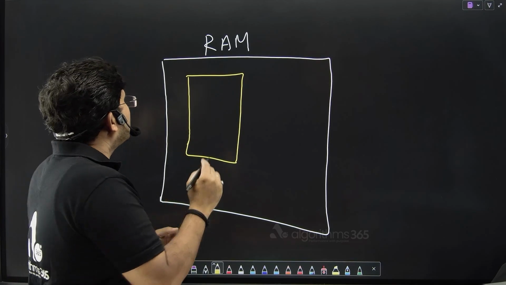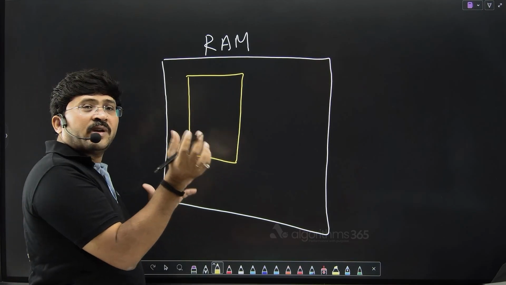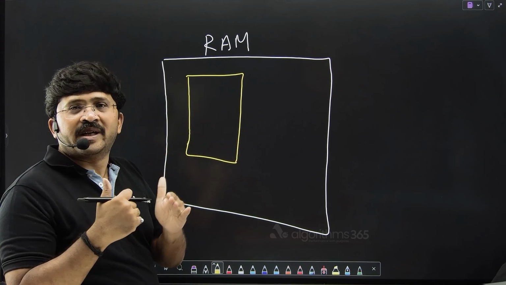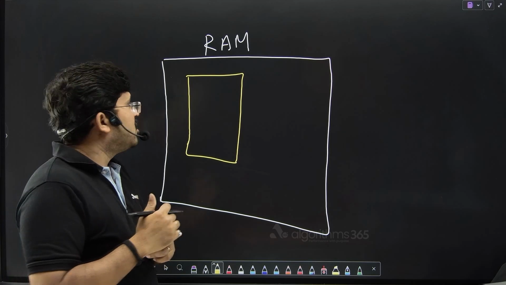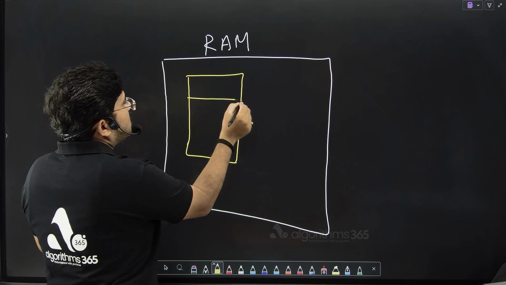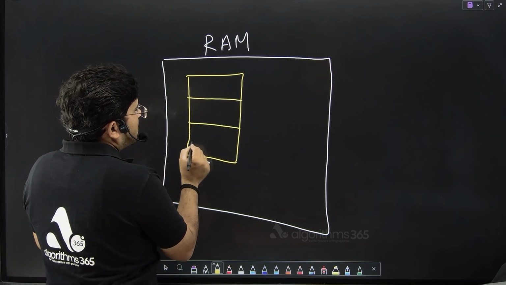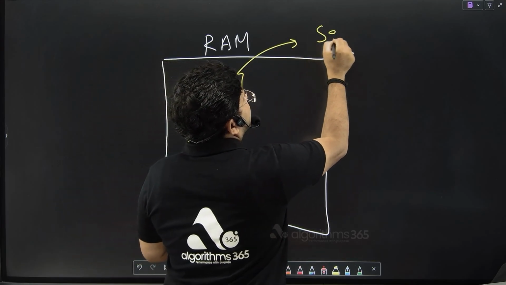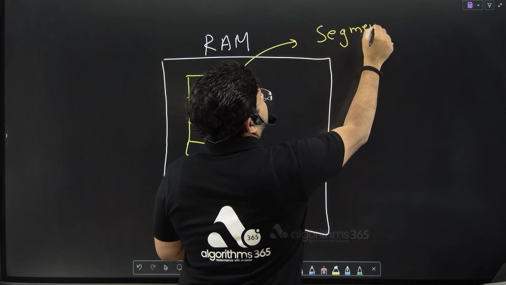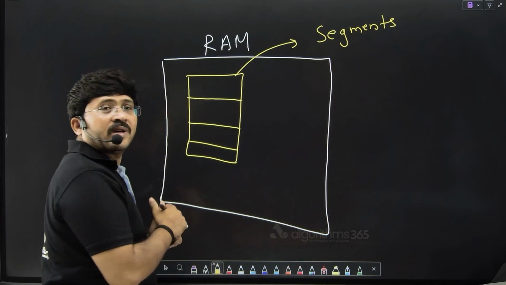When it allocates the memory, there are boundaries to it. It is not that there is one flat allocation that happens. This is called segmentation. So memory is allocated in segments.